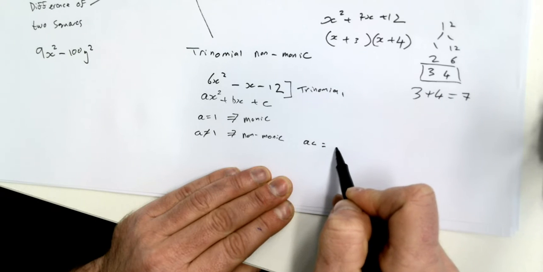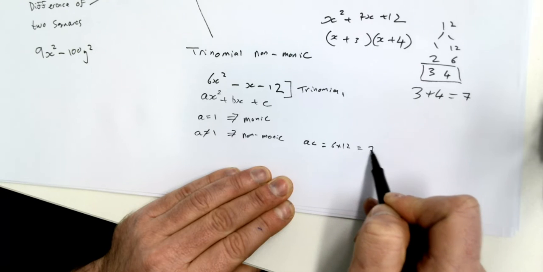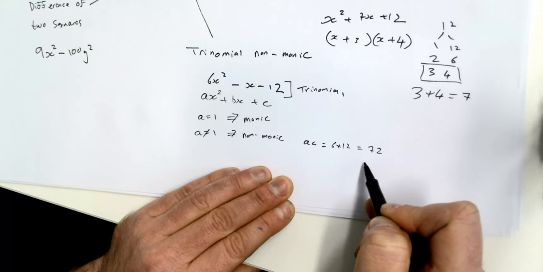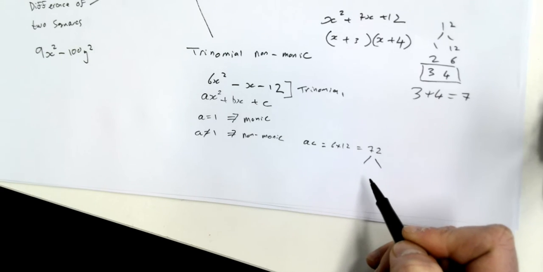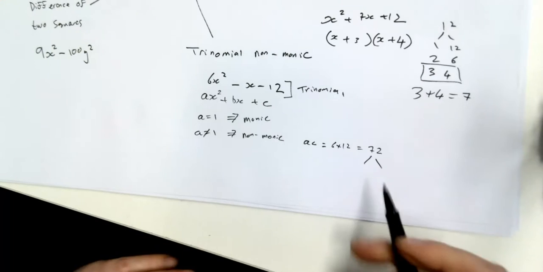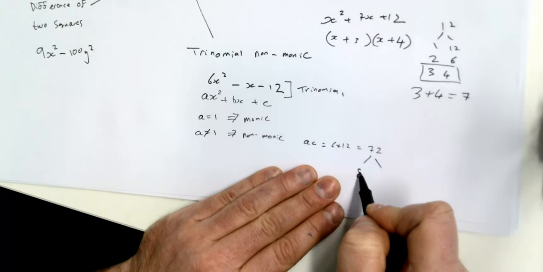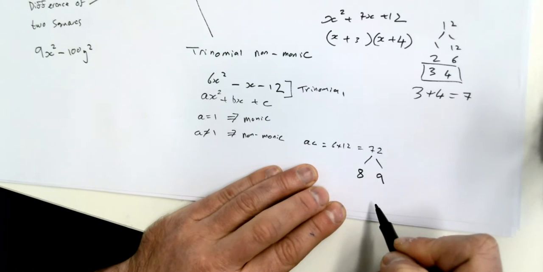So the product of a and c here is 6 times 12, which is 72. So we're going to look at factors of 72, which add or subtract to give negative 1. I hope you can all see that 8 times 9 is 72.